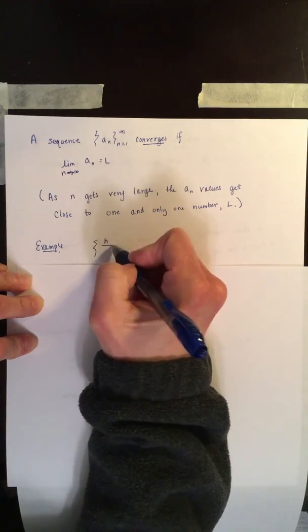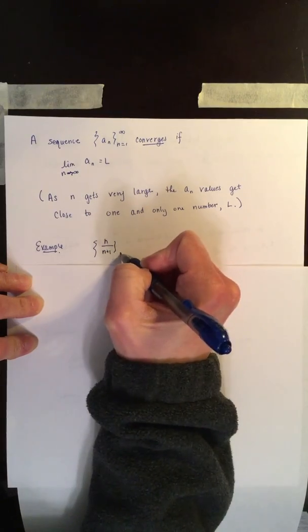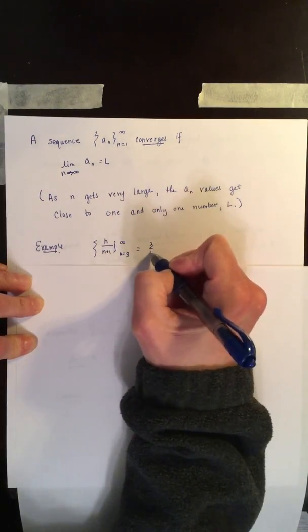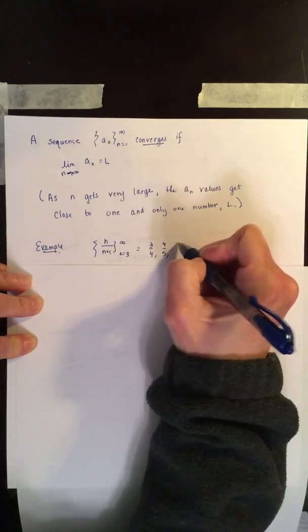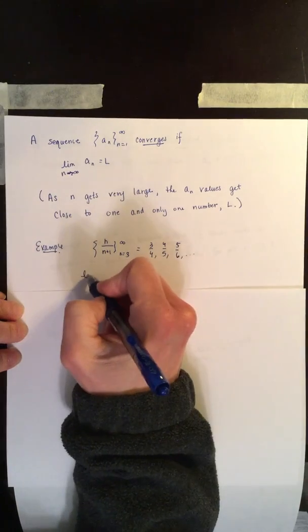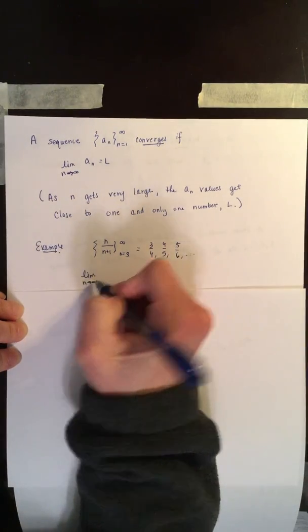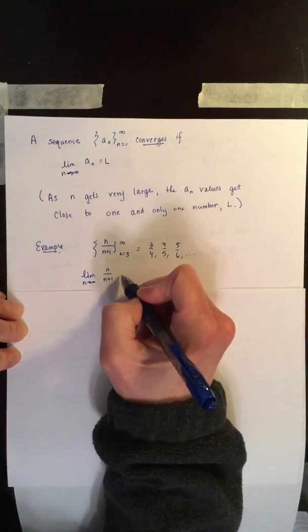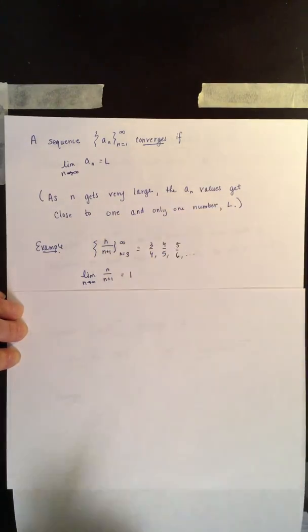Again, we can return to our example of n over n plus 1, n beginning at 3 and continuing to infinity, and we said that this was 3/4, 4/5, 5/6, and so on. If I want to take the limit as n goes to infinity of n over n plus 1, we can see that that limit would be 1.